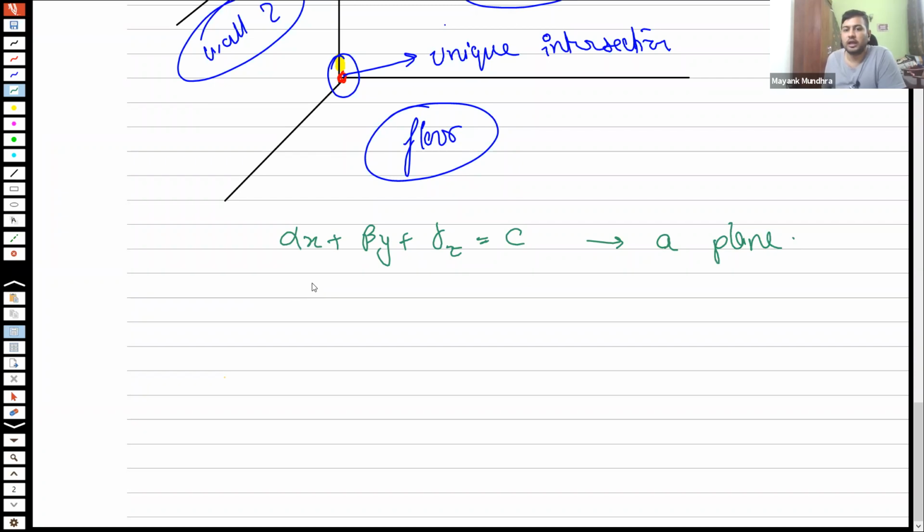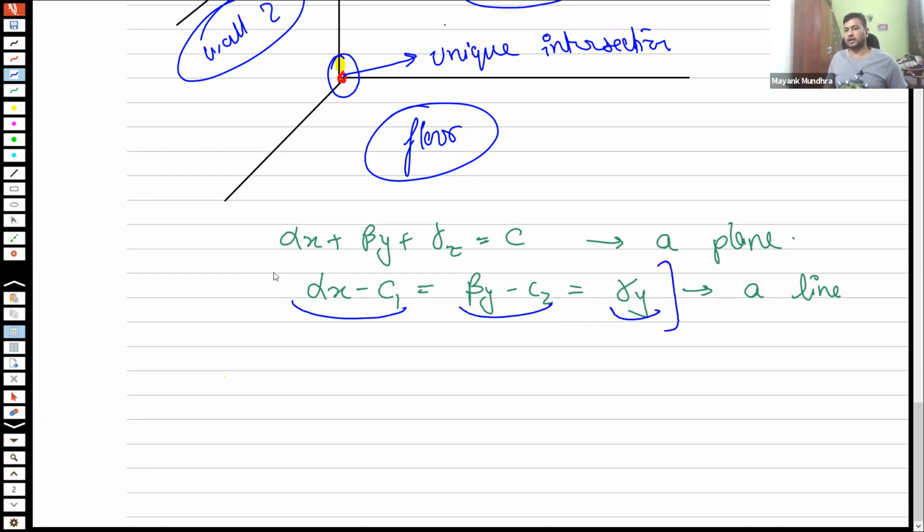And alpha x minus c1 equals beta y minus c2 equals gamma z will represent a line. So you have lines in 3 dimensions. This is going to represent the equation of a line, and this is going to represent the equation of a plane.